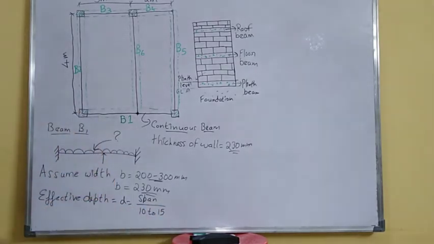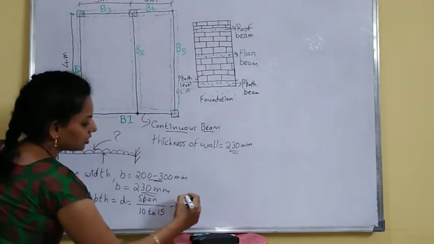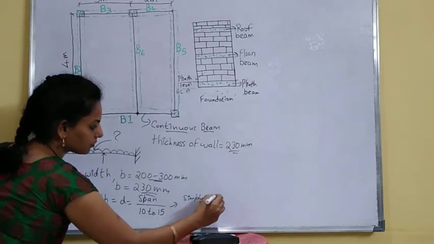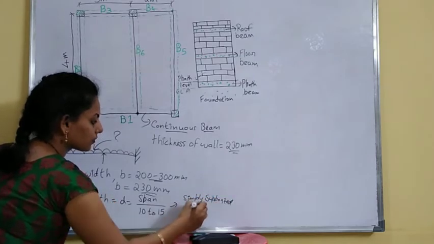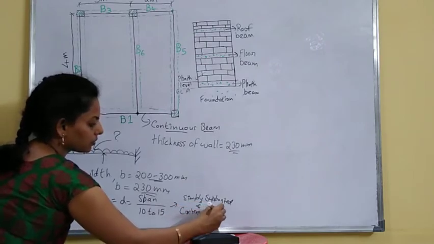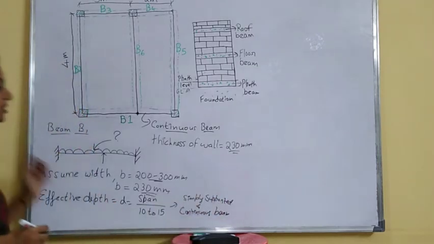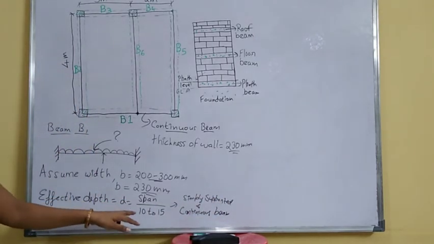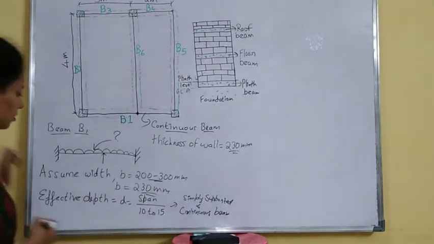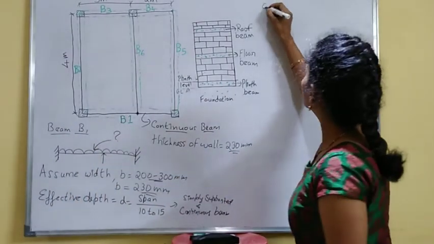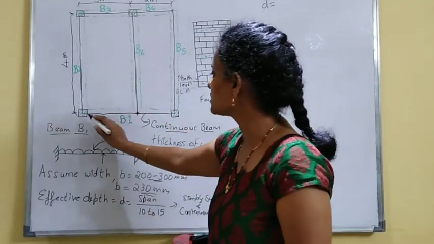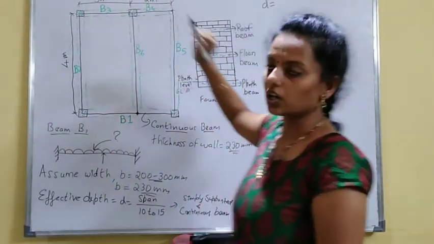Usually we assume this ratio for simply supported and continuous beams. For simply supported and continuous beams, we will calculate the effective depth based on span by 10 to 15. So d will be the span. If we are considering a continuous beam, just take the maximum loaded span.